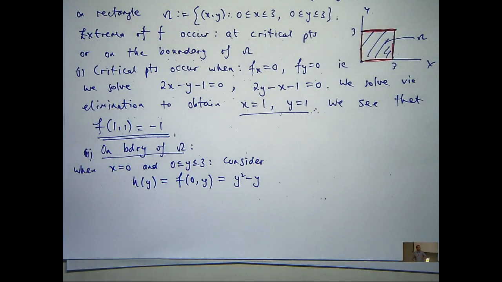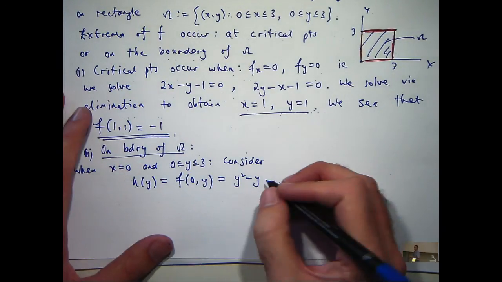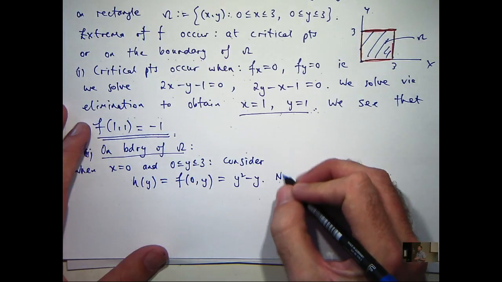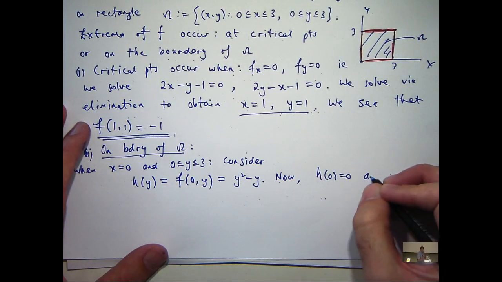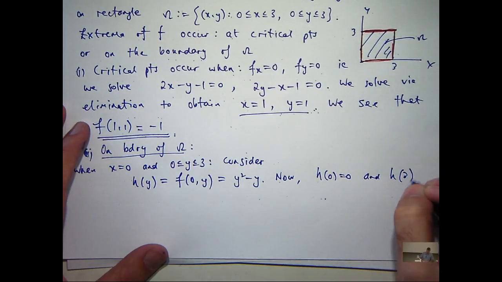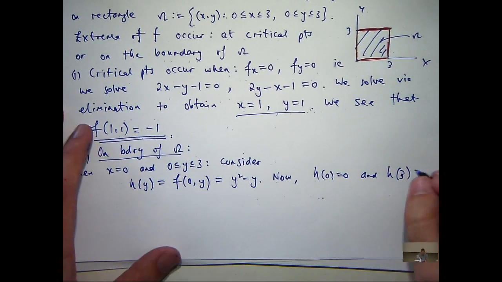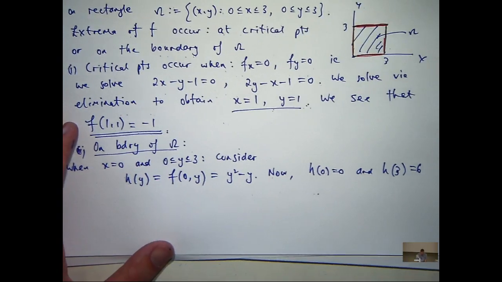Where are its critical points? Where are its extreme values? Well, if y is between 0 and 3, I've got to test those endpoints. But I can also differentiate this, set it equal to 0, and find the turning points. So h of 0 equals 0, and h of 3 is going to be something like 6. So they're the endpoints taken care of.